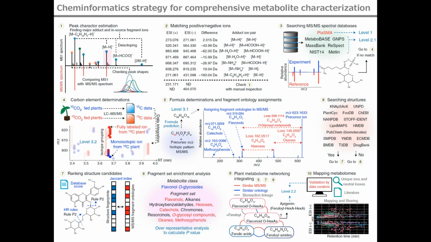Many studies have reported that 90% of detected ions can be recognized as redundant byproduct ions or noise. Therefore, the important task for unknown metabolite annotation is to determine the peak character and adduct type before the further annotation step is started.